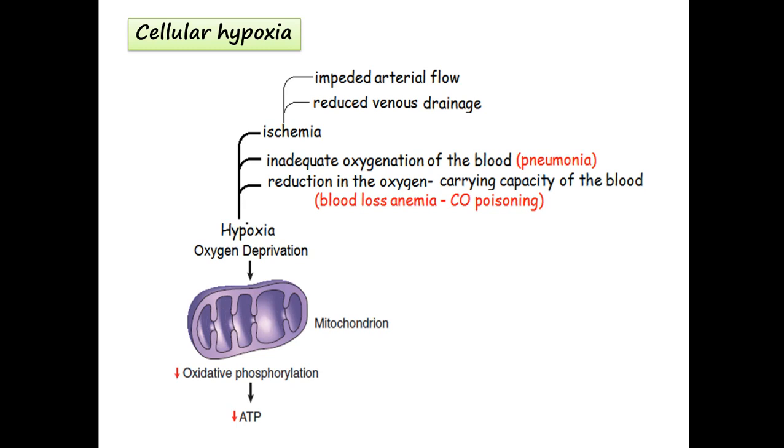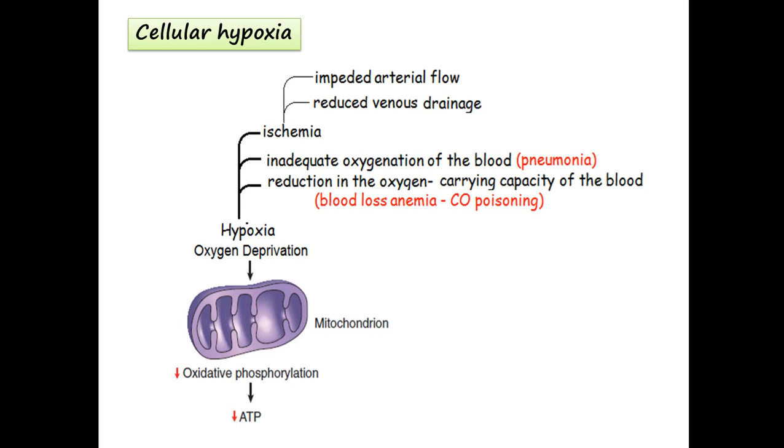So, ischemia can be a very common cause of hypoxia, but hypoxia can also occur in the absence of ischemia. In ischemia, there is insufficient blood supply to the tissue or organ. In hypoxia, there is insufficient oxygen supply. So, there can be conditions in which there is no ischemia but there is hypoxia.